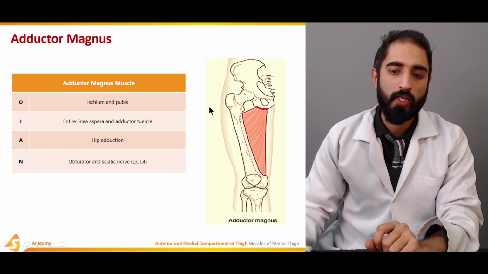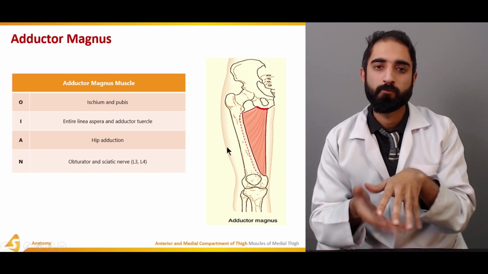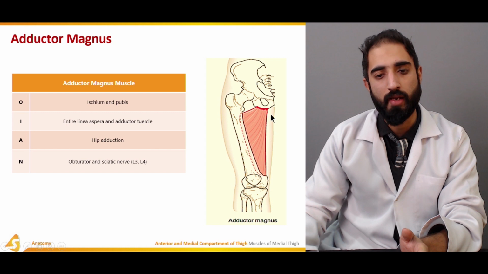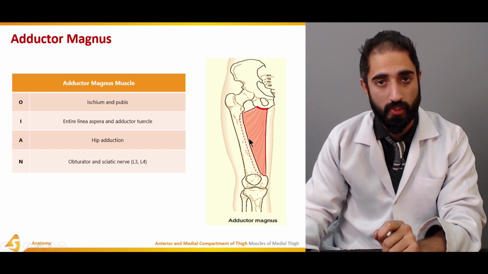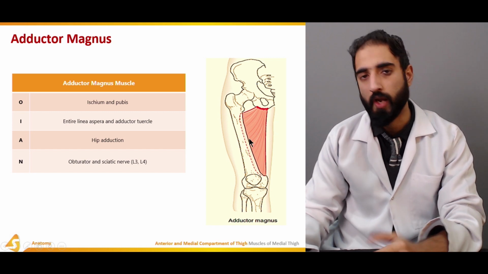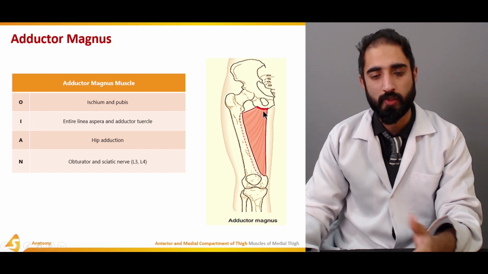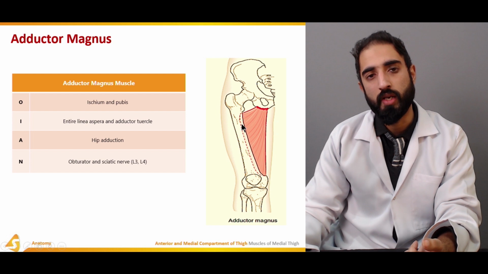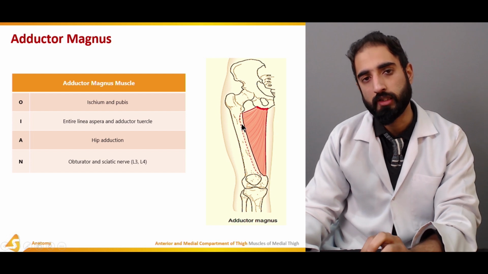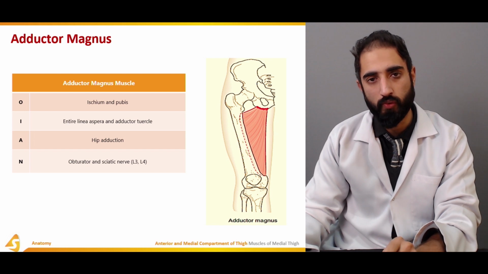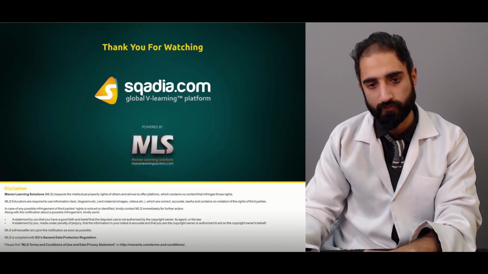So the entire linea aspera, because it also moves slightly posteriorly. Talking about the function of the adductor magnus, as obvious from its orientation, it is once again hip adduction, and as obvious from its name as well. And because it's a large muscle, it is supplied by two different nerves. One is the obturator nerve and the other one is the sciatic nerve. And talking about the nerve roots, we have L3 and L4.